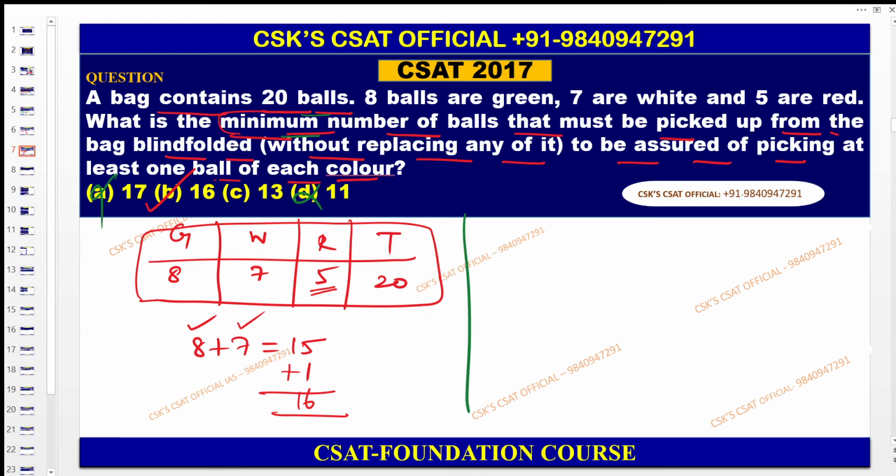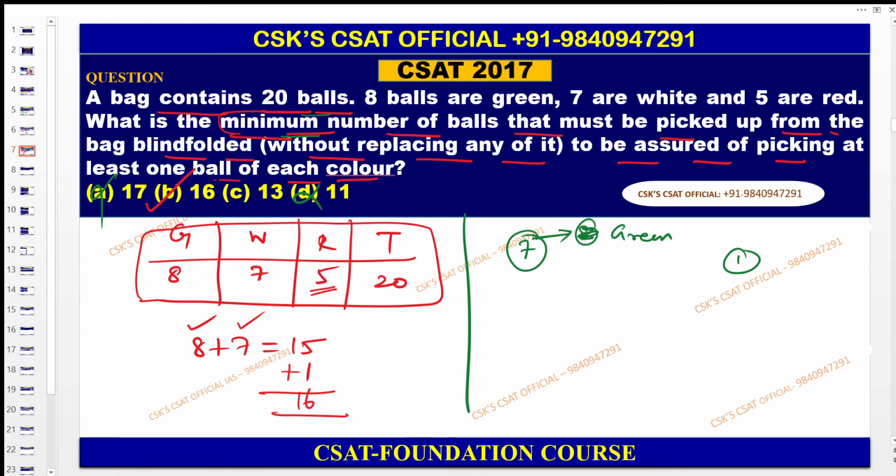Minimum here. Now listen, why not 13? That we will discuss here. If you are picking 7 balls here, all the 7 may go to green also. So one green is left here, right?